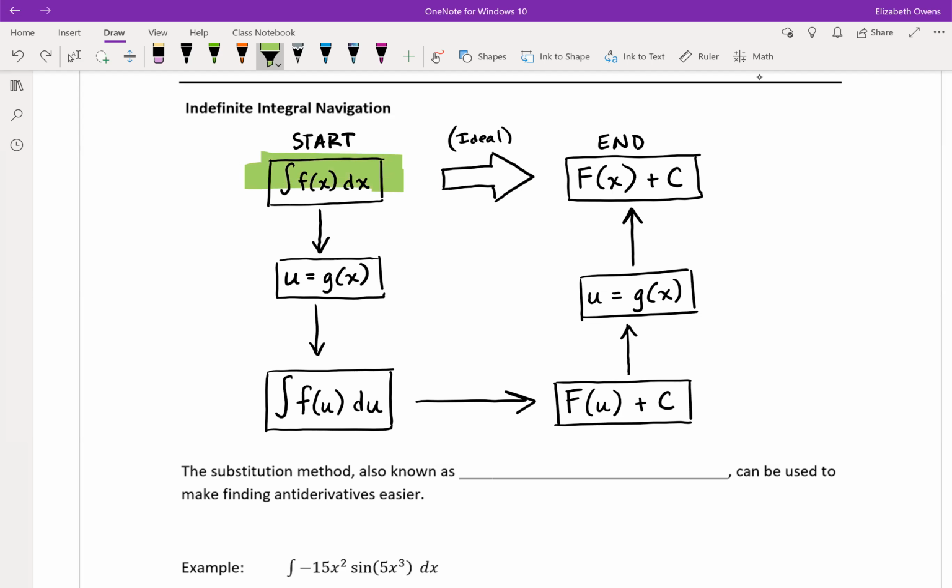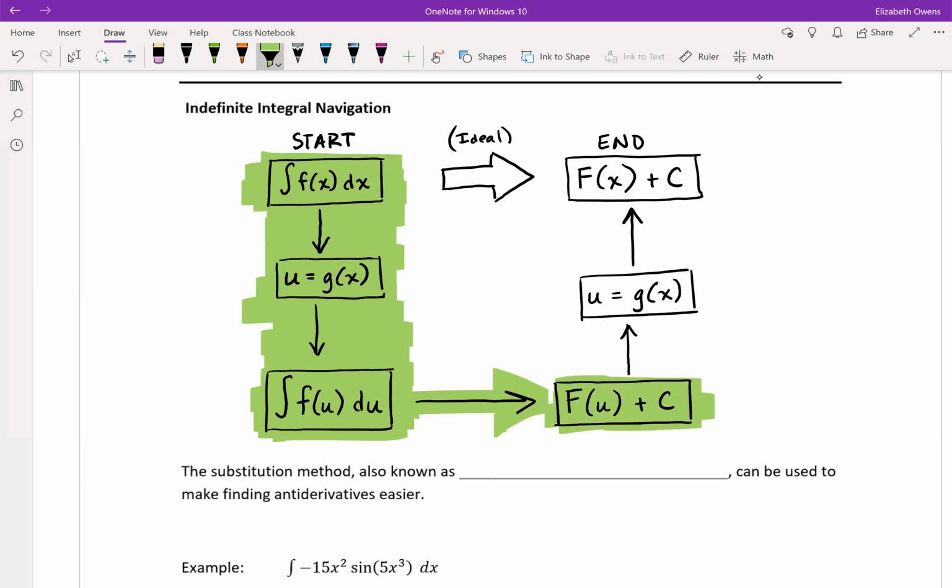So you would start here with your integral, use a u substitution letting u equal g of x. That would allow you to convert that integral into the integral of f of u du. And then hopefully that's a simpler integral to look at, so that you actually know the antiderivative and can take it, giving you capital F of u plus c.